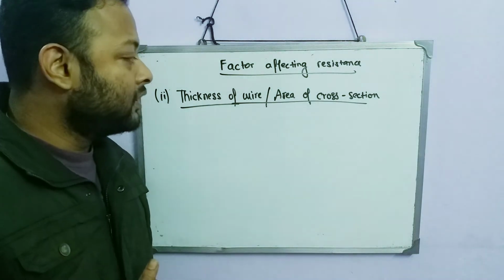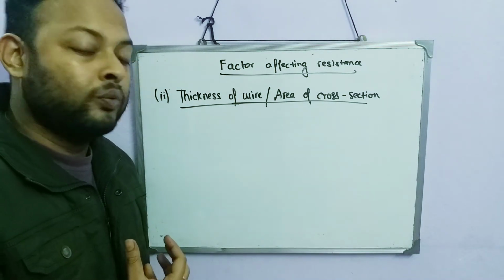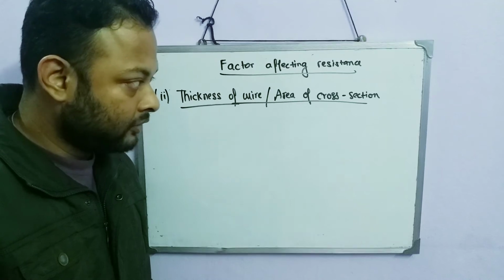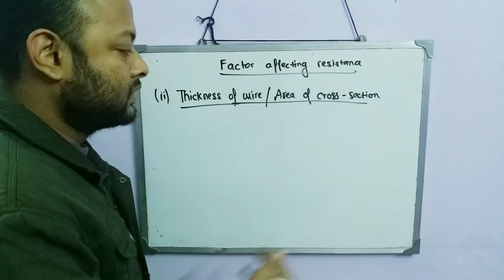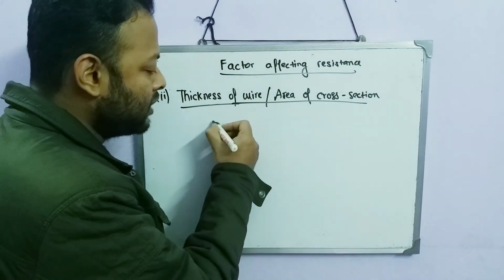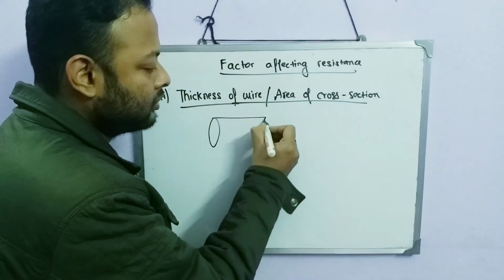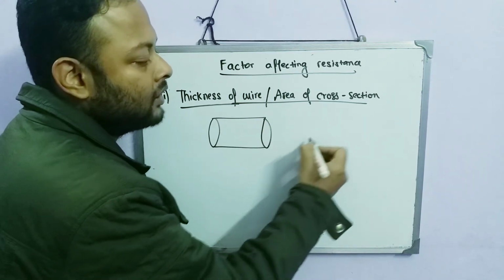Now the third point is on the thickness of the wire, which is the area of cross section. Let me make you understand this. Consider there are two wires, one wire like this way and another wire like this.